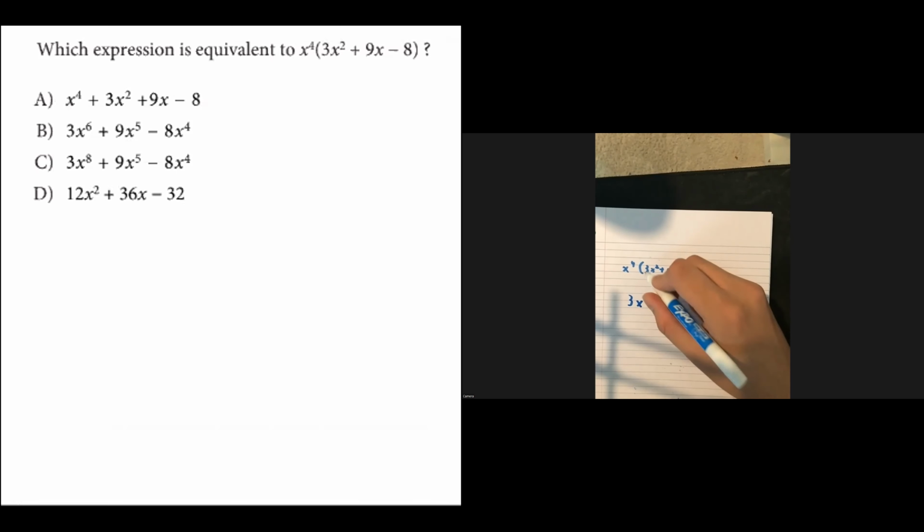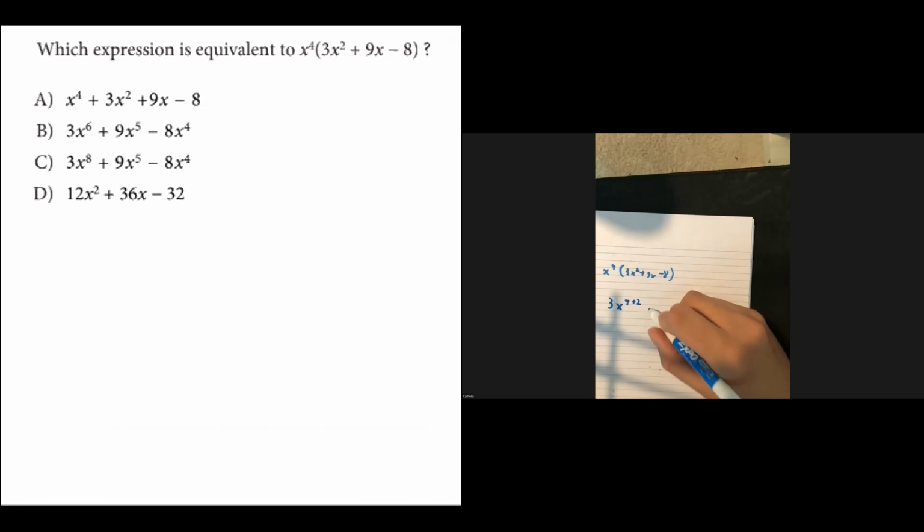Okay, so for these, you just add the exponents when you're multiplying x's. So 3x to the 4 plus 2, plus 9x to the first plus 4, minus 8x to the 0th plus 4, because 8x to the 0th is just 8, which is where I got that from.